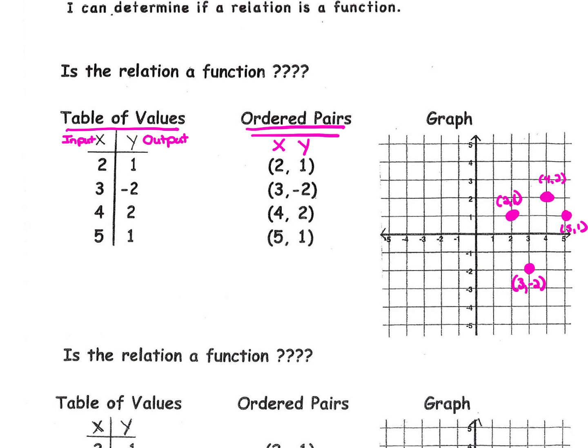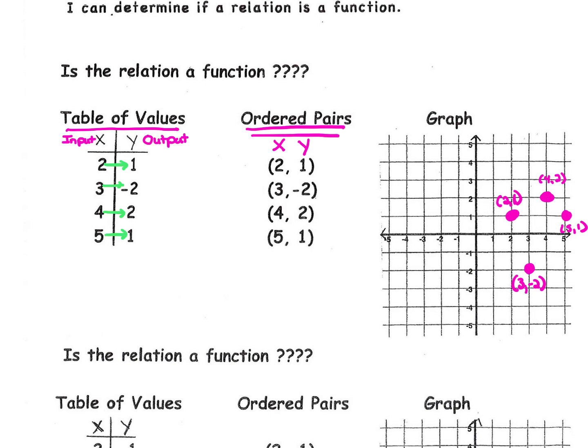Now let's take a look and see if this relation is a function. As we take a look at our table of values, we can see that 2 has an output or a favorite of 1. 3 has a favorite of -2. 4, 2, and 5, 1.